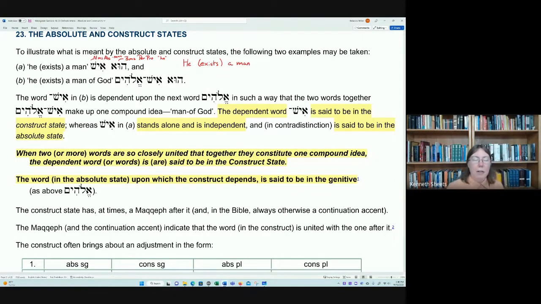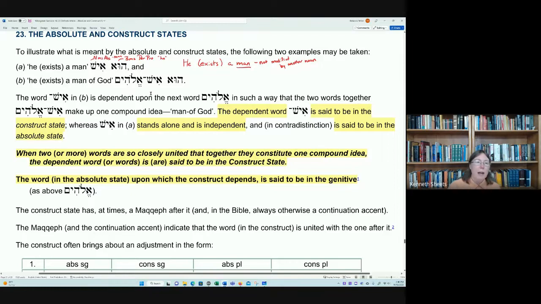Where in this particular instance, ish is an absolute noun because of the fact that it is not modified by another noun. So there is no other noun that is there to tell us the type of man that we're dealing with. But in our second example here, hu ish Elohim.